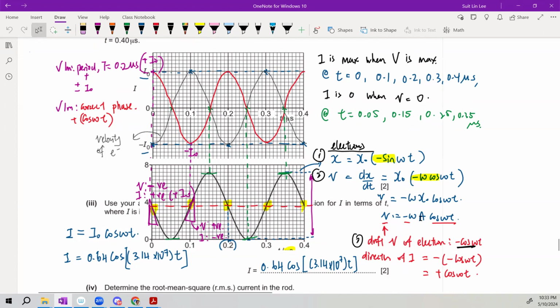Direction of current is opposite to the direction of electron. So you need to add a different negative in front. This negative here is because I is in the opposite direction to the electron.